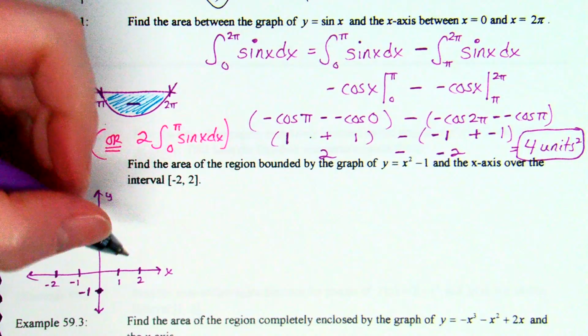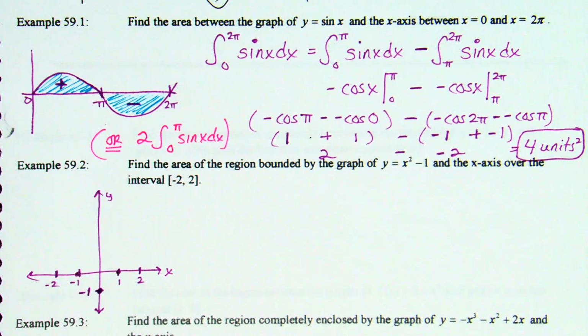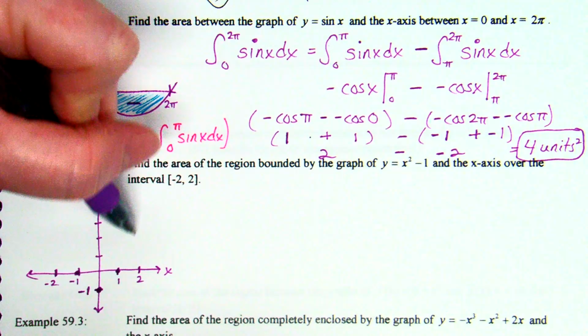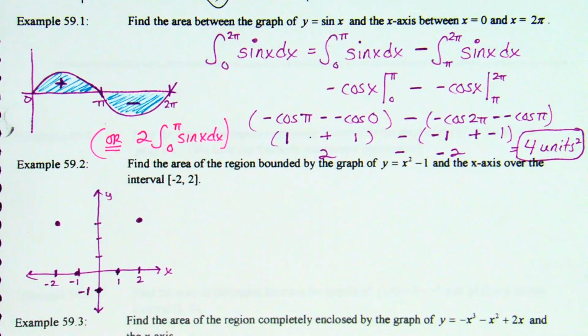So if I'm doing this without a calculator, not that you couldn't graph on the calculator, there are some important points to see here. This would be over 1 up 1, over 1 up 1, so we're going through 1 and -1 there. And then also, from the vertex, it would be over 2, 1, 2, 3, 4, and up 4. Which puts us at 2, 3, and -2, 3.